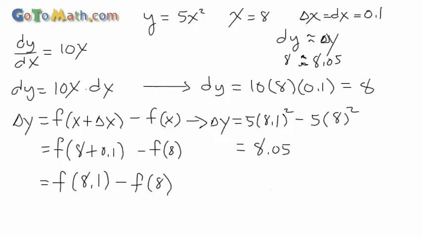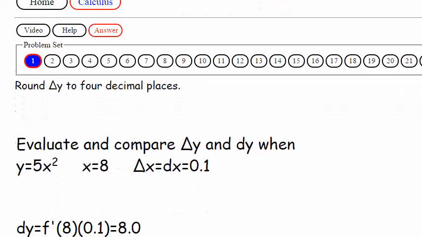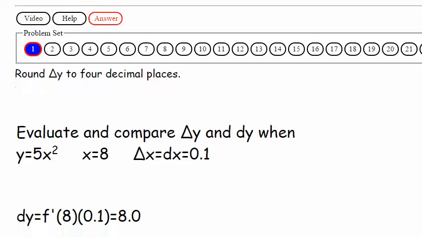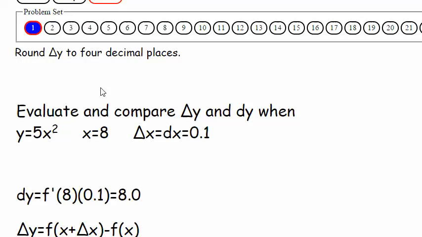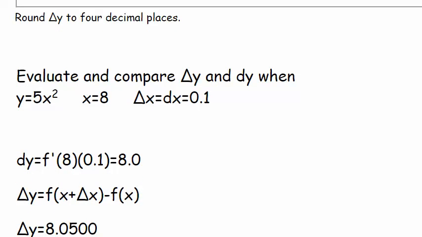Alright, let's go back to the web page and make sure that, let's see, it said round delta y to 4 decimal places. I guess we should say if needed. I probably need to change that because that was exactly 8.05, so I'll have to go in there and change that.